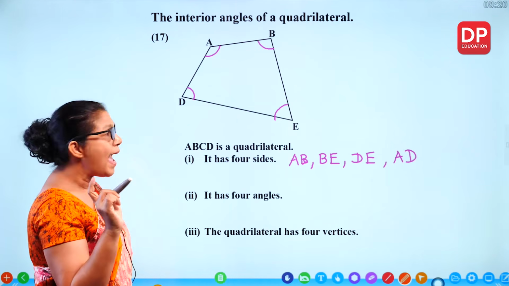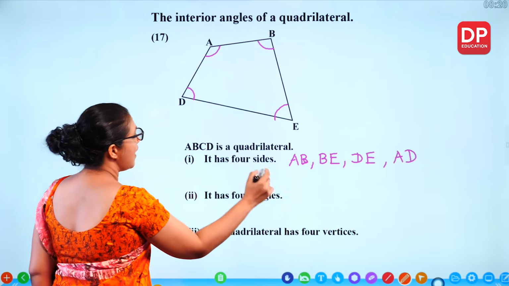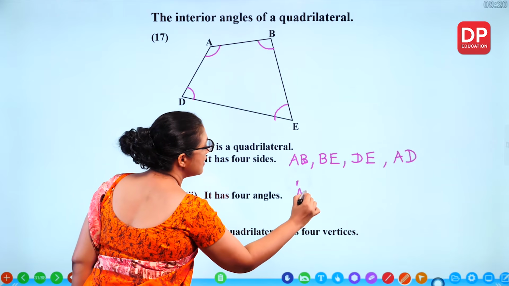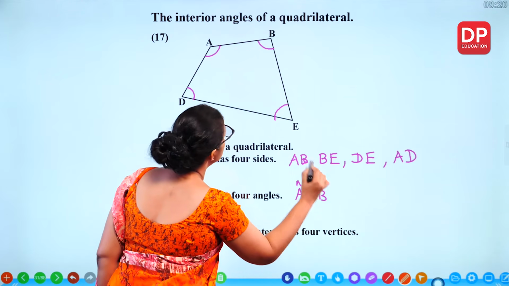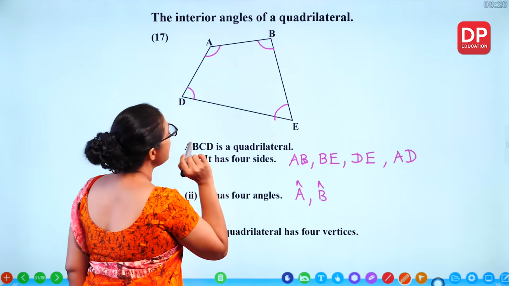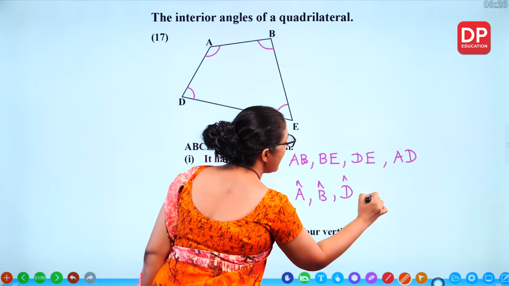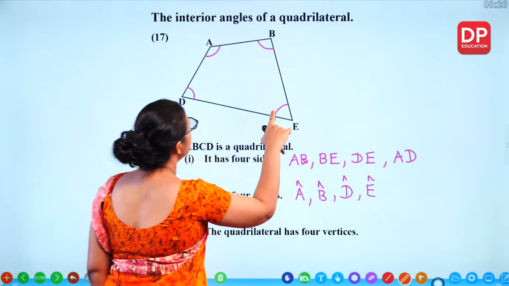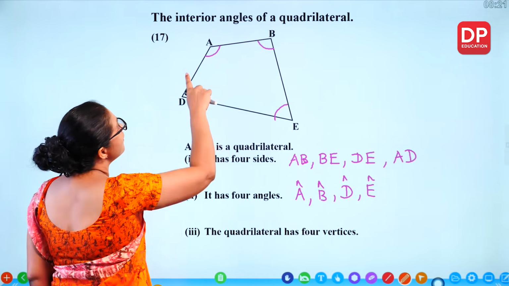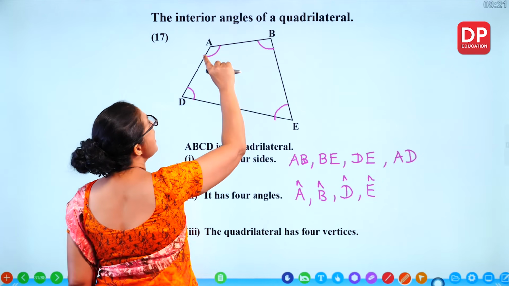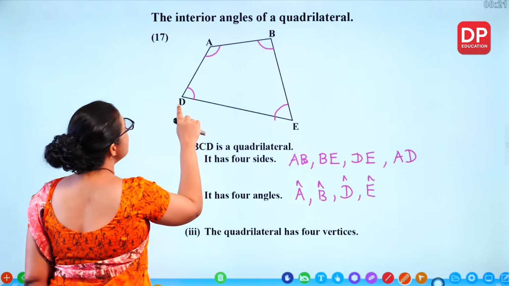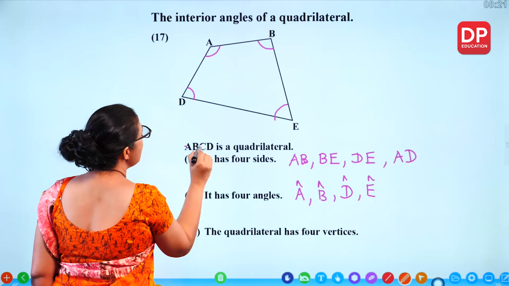So what are the four angles? You can write angle A, angle B, angle D and angle E. So what's the quadrilateral? We can label it as ABED.